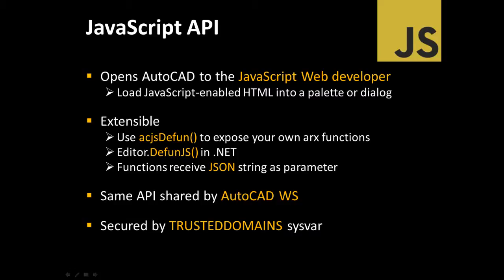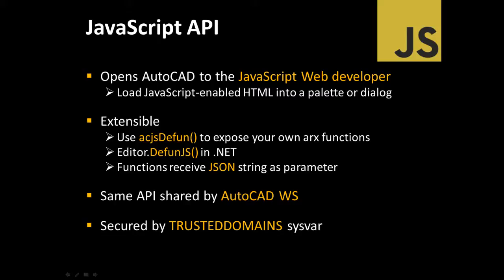The other thing is that this JavaScript API is going to be shared with AutoCAD WS. So typically an application running inside an HTML page will be able to be displayed inside AutoCAD or inside AutoCAD WS. And this is where the trusted domain system variables come into the game, because you will now be able to load an HTML page from a remote location.